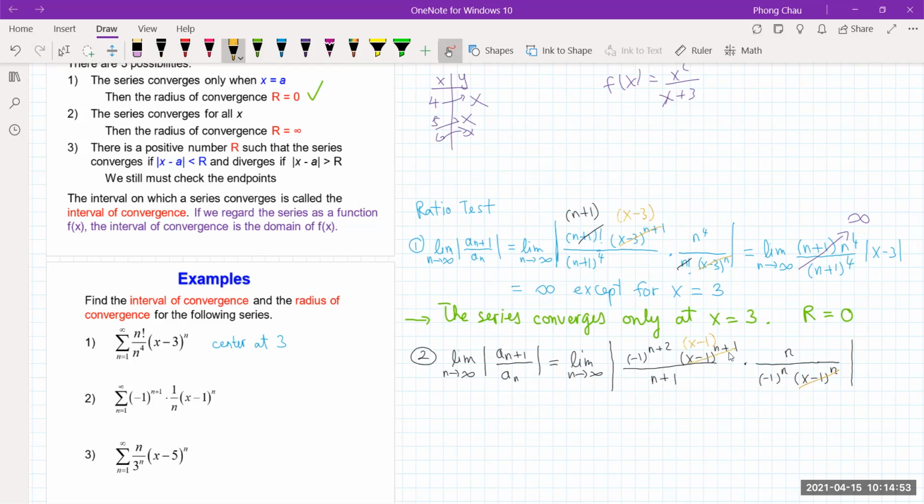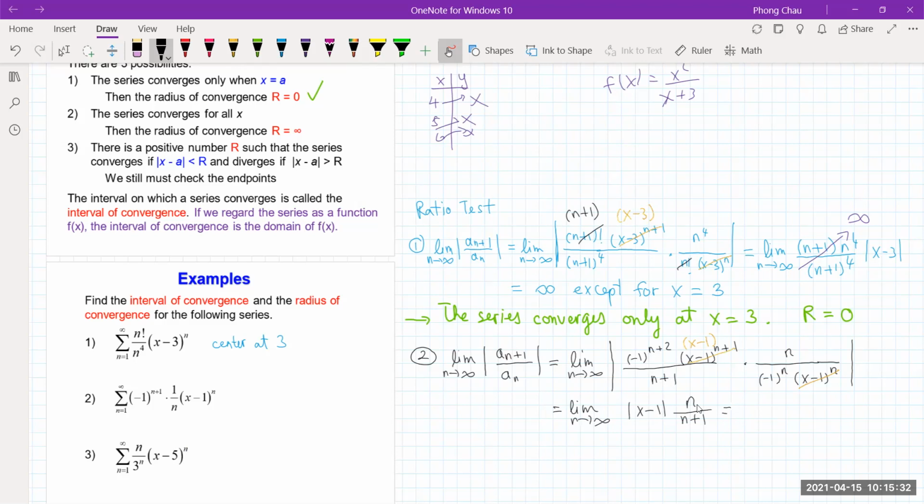So after you simplify, it becomes the limit of, that becomes a positive 1, times the absolute value of x minus 1, times absolute value of n is n over n plus 1, and absolute negative 1 is 1. Right, so we got that.